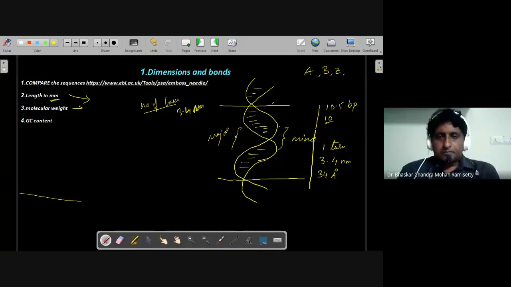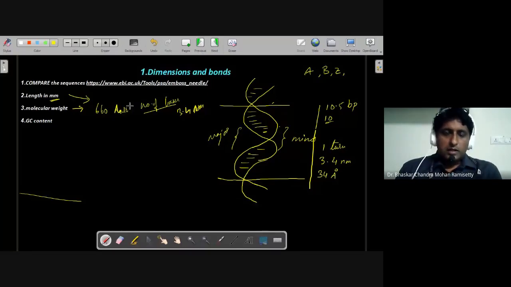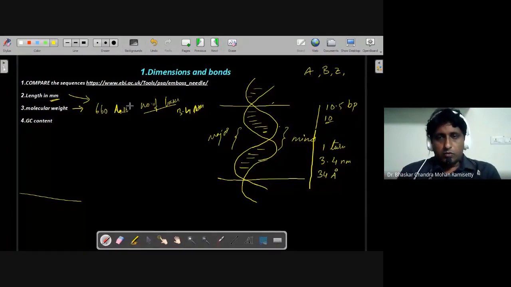The next one is about molecular weight. The average molecular weight of a base pair is around 660 daltons. It all depends on what you're looking at. For AMP, it could be around 330 or so. Find out the average molecular weight of a base pair.